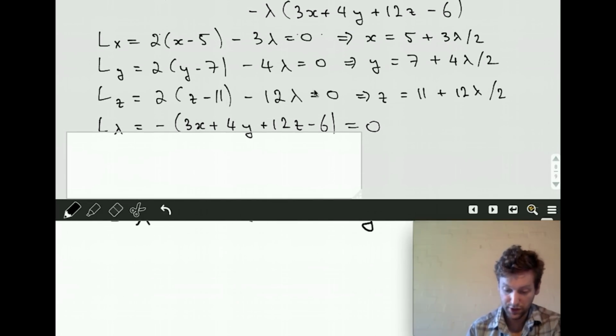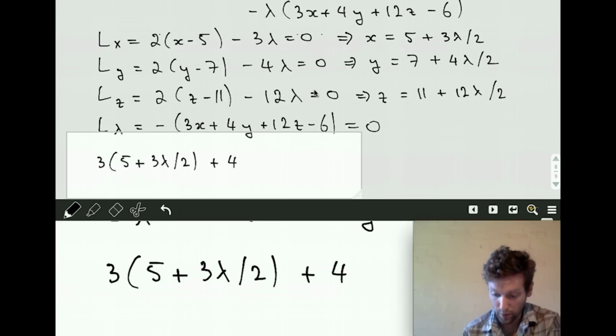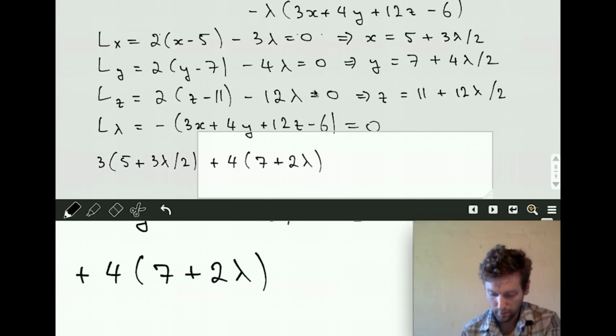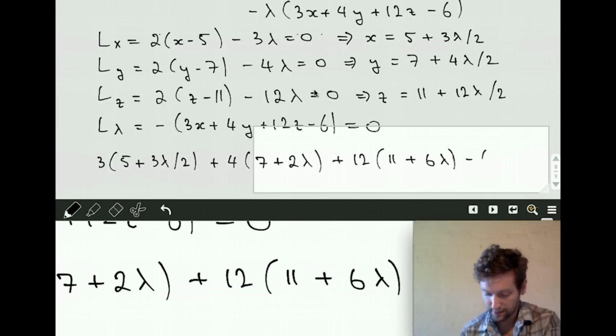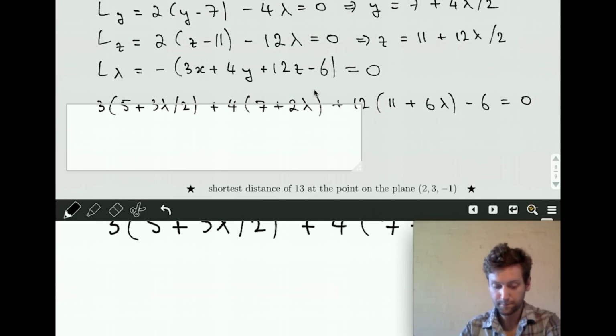Let's take those expressions now and substitute them into my constraint. So 3x, x is given by 5 plus 3 lambda over 2, plus 4 times y, y was 7 plus 4 lambda over 2, so we can cancel a factor of 2, plus 12 times z, 11 plus, again, 12 lambda over 2, so that's 6 lambda, minus 6 is equal to 0. So this is a single expression for lambda.